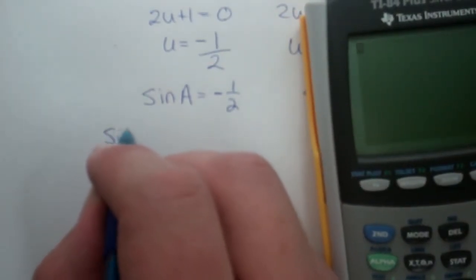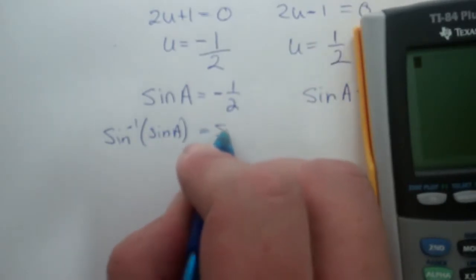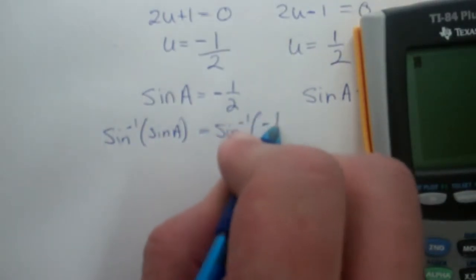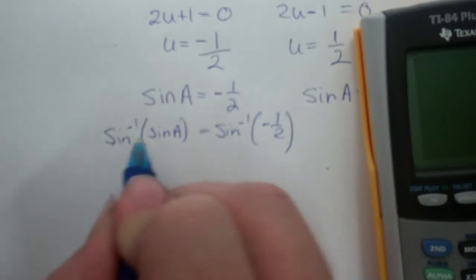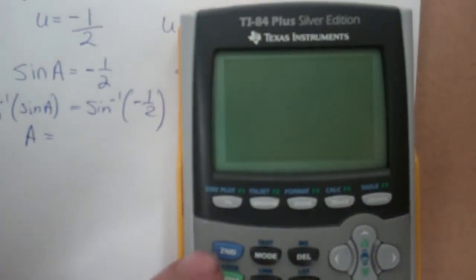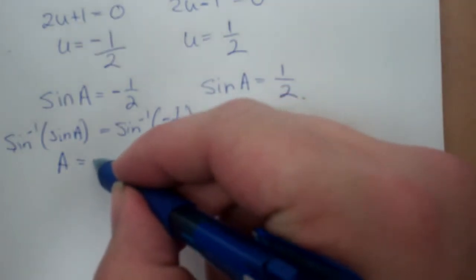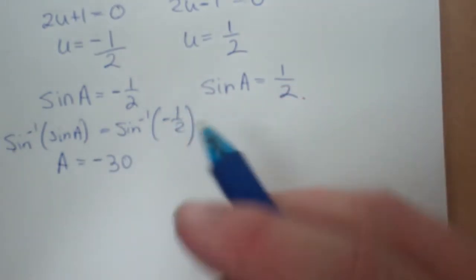So the inverse sine of the sine of a is equal to the inverse sine of negative 1/2. The inverse sine of the sine of a is just a. And what does the inverse sine of negative 1/2 give us? Let's check. The inverse sine of negative 1/2 says that's negative 30. So a equals negative 30 is one possibility.